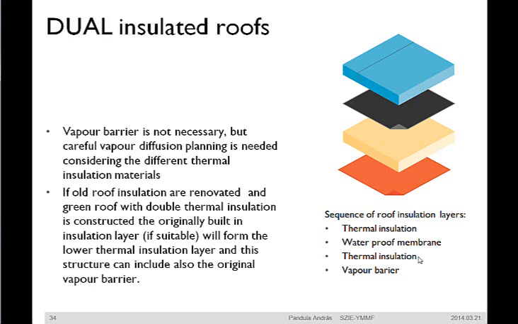If we are preparing a re-roofing, the structure usually consists of a vapor barrier, which is the original vapor barrier of the layer sequence. Dual insulated roofs are very common in case of passive houses, since we have the possibility to place adequate thickness of heat insulation in the layer sequence.